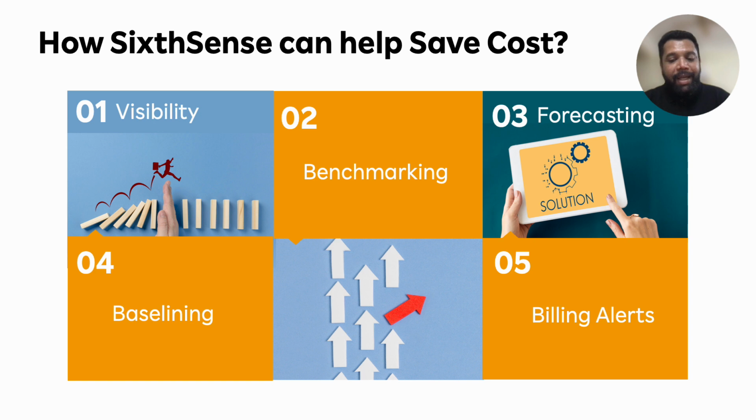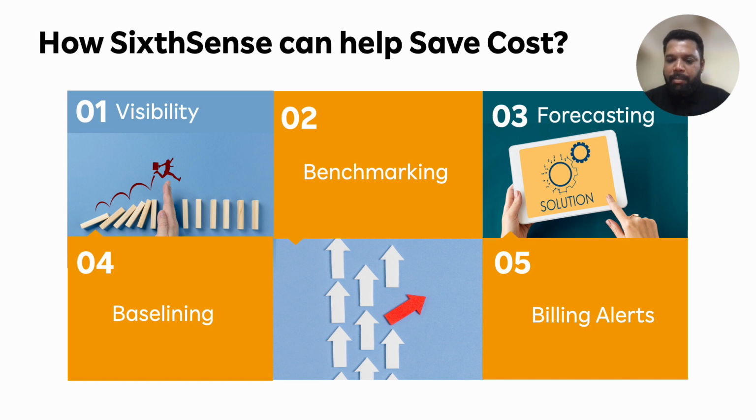So how we can help in optimizing your cloud cost? So we, as in Rakuten SixthSense Observability, are powered by our own in-house developed AI models. The transformers which we have built has input of seasonality.